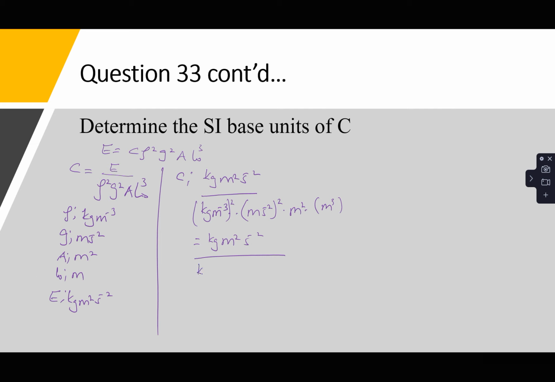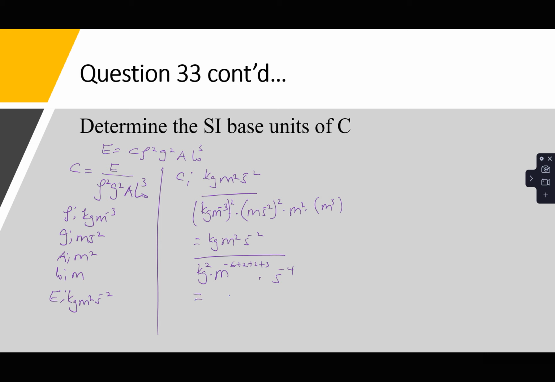So this is kilogram power 2 multiplied by m power negative 6 plus 2 plus 2 plus 3 times s power negative 4.